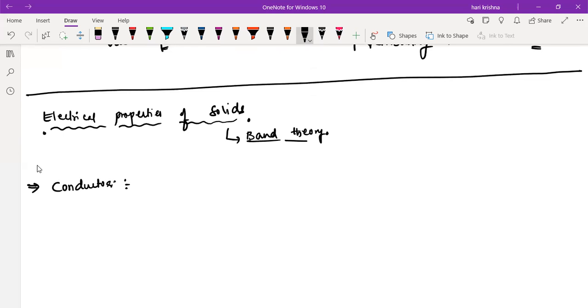One is the conductors. What is the meaning of conductors? Which are the substances which will allow the flow of current, right? Those are called conductors. Which are the substances that conduct electricity? Those are called conductors.